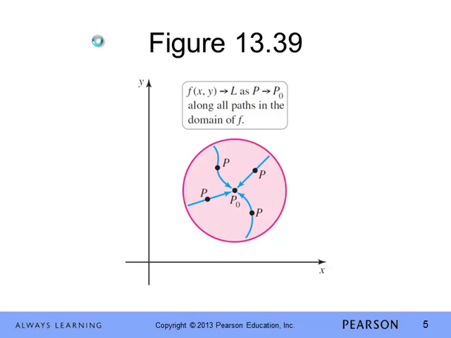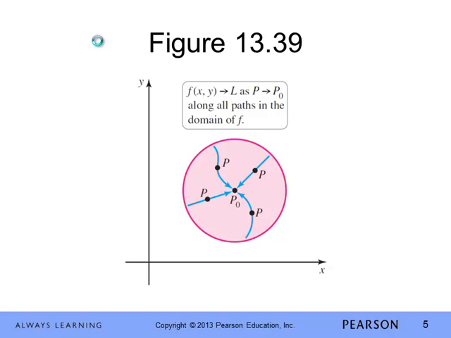If you take the limit along one path as (x, y) approaches P naught, and you get some limit, and then you calculate the same limit but along a different path, and you get a different limit, well, guess what? The limit doesn't exist at that point. So it's kind of interesting. So we'll do at least one example where I'll show you how a limit does exist, because we'll come along some different paths.